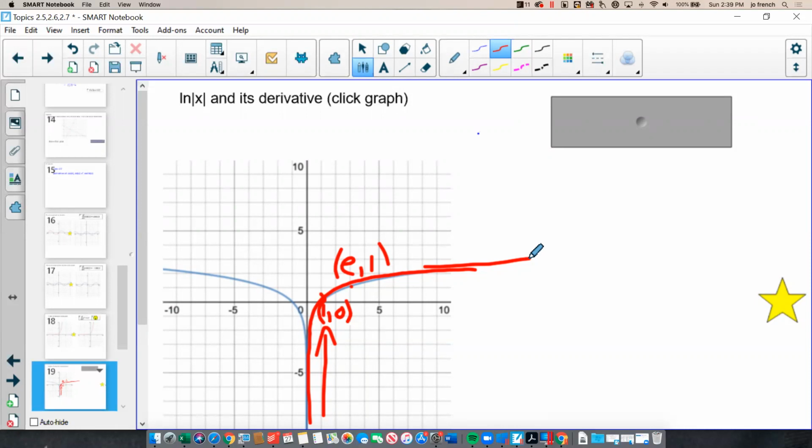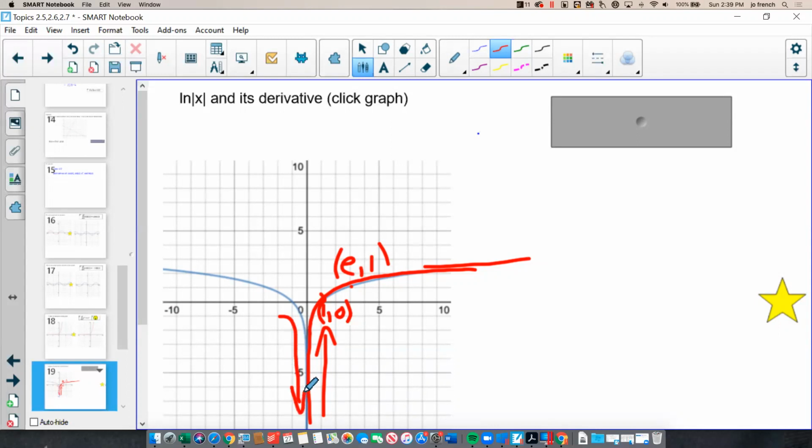On the left-hand side, which we can graph because we're taking the absolute value of x, we can't take the natural log of negative numbers, but we can take the natural log of the absolute value of a negative number. And you can see how the graph is reflected over the y-axis. So in this case, as we get closer to 0, the graph gets more and more negative.